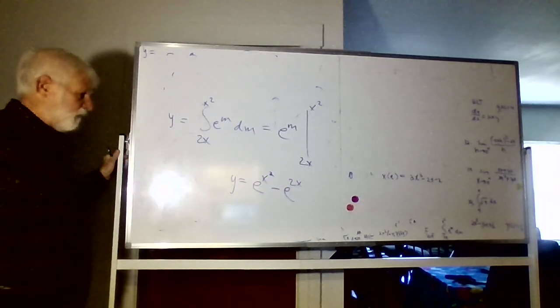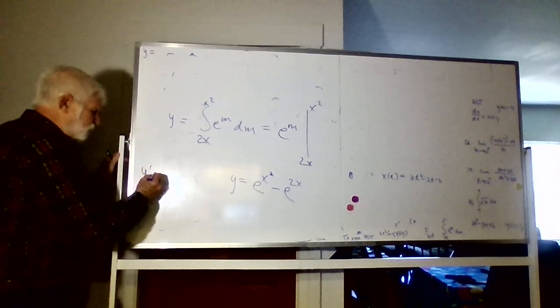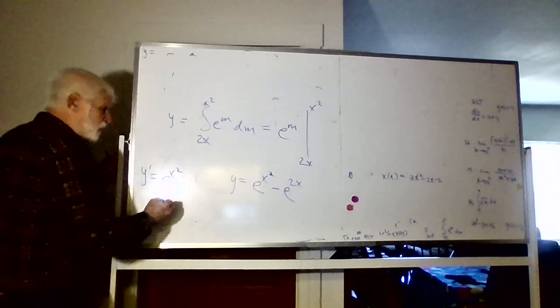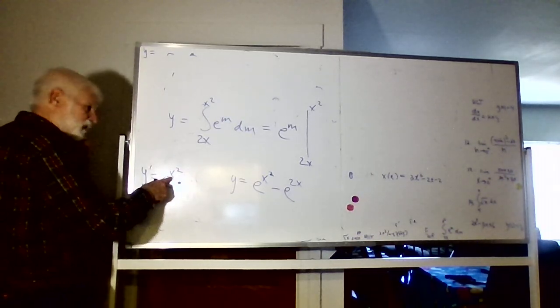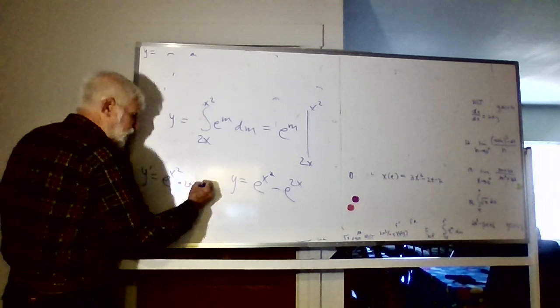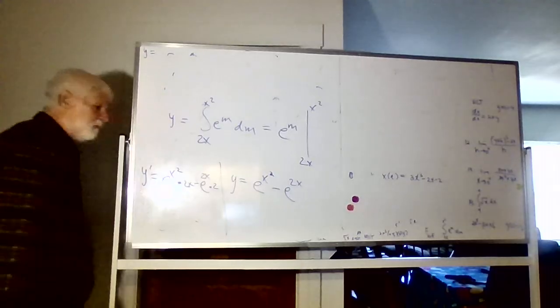Now we've done this derivative, right? We've done chain rule. So if I wanted y prime, I have e to the x squared, and I have to multiply that times the derivative of x squared, which is 2x, minus e to the 2x times 2, for the same reason.